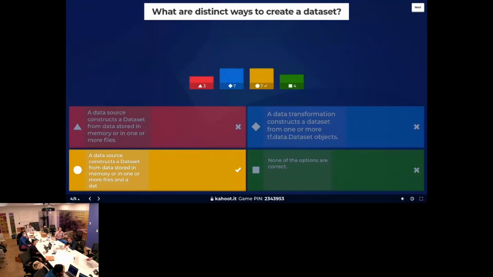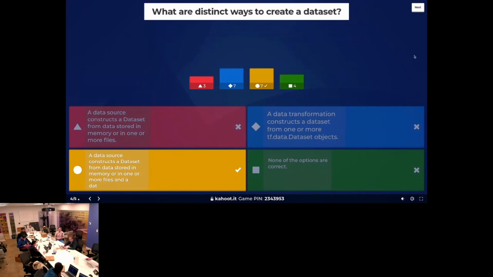Yes. Okay, so for everybody who chose blue, I'm sorry, because when you are talking about the dataset object, and I tried to make it clear when we were going through the slides, it's for you to be able to both fetch the data from the memory, but also to be able to apply all of the transformations you want.